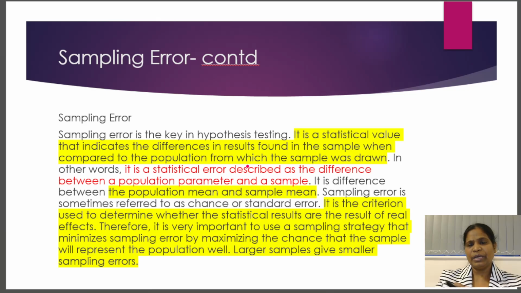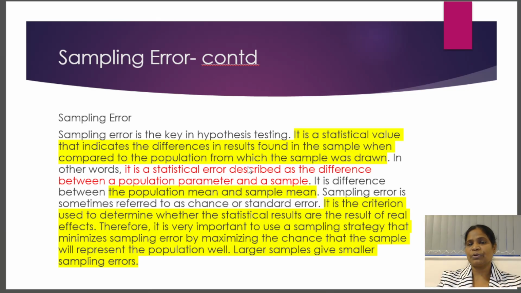So it is very, very important, when you select a sample, how big the sample should be and what method is used to select that sample. From the sampling frame, the number of subjects we take should be enough to generalize the results so that errors will be less.